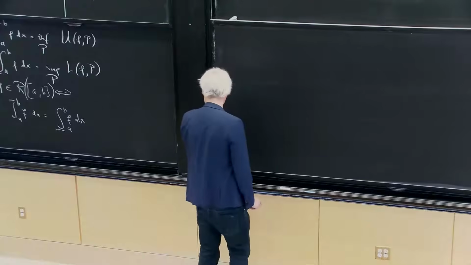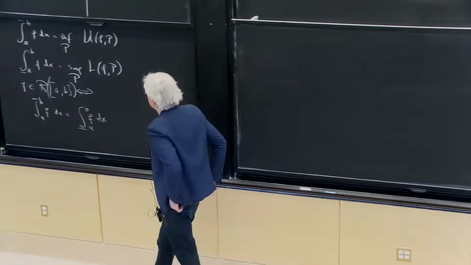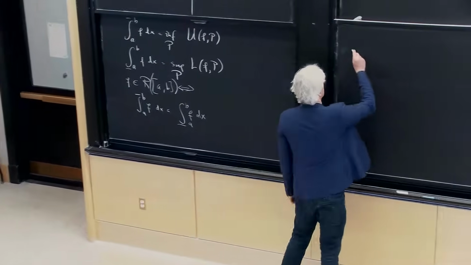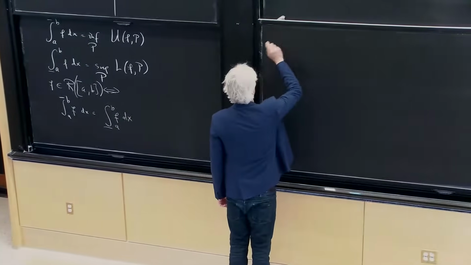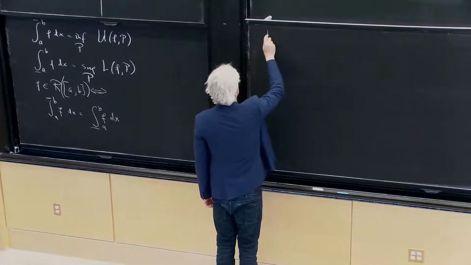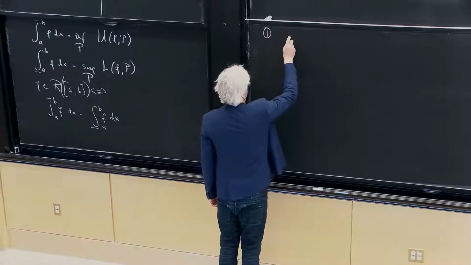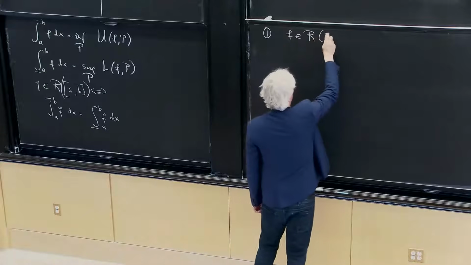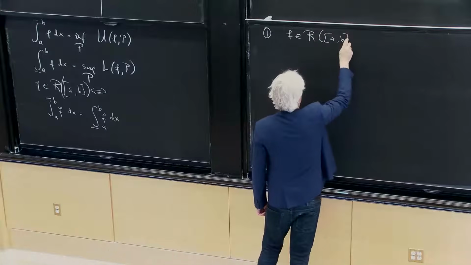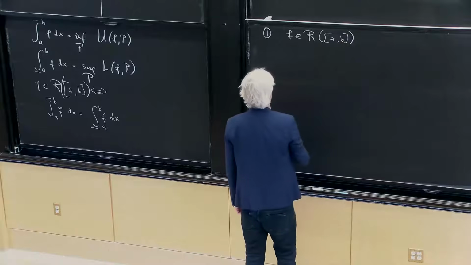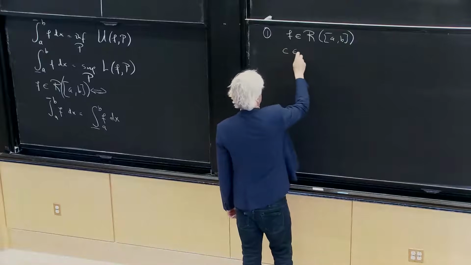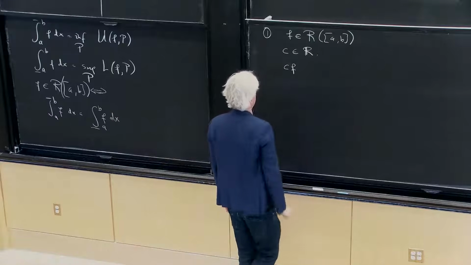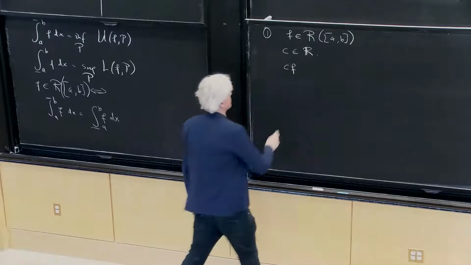So now, there was this parallel to things we have done before. There were these algebraic rules that we talked about at the very end. So what were those? If you take a function f that is Riemann integrable, and you take c as a constant, then the product c f is also Riemann integrable.